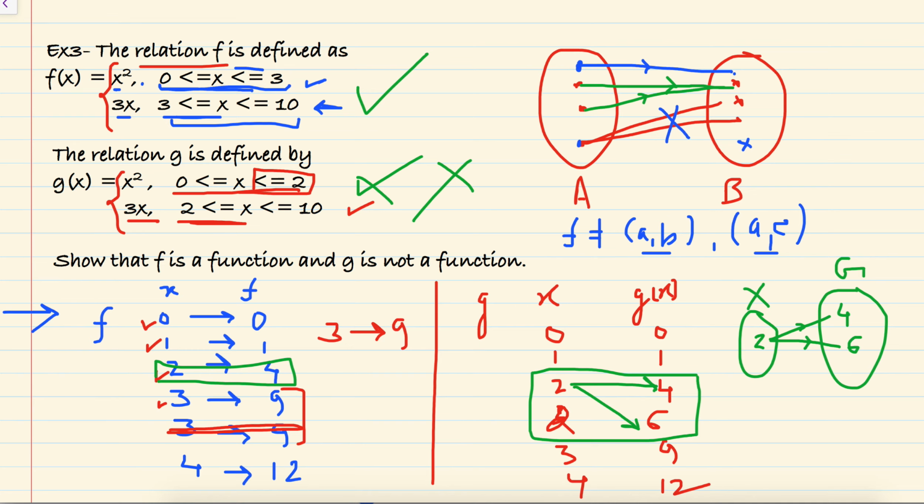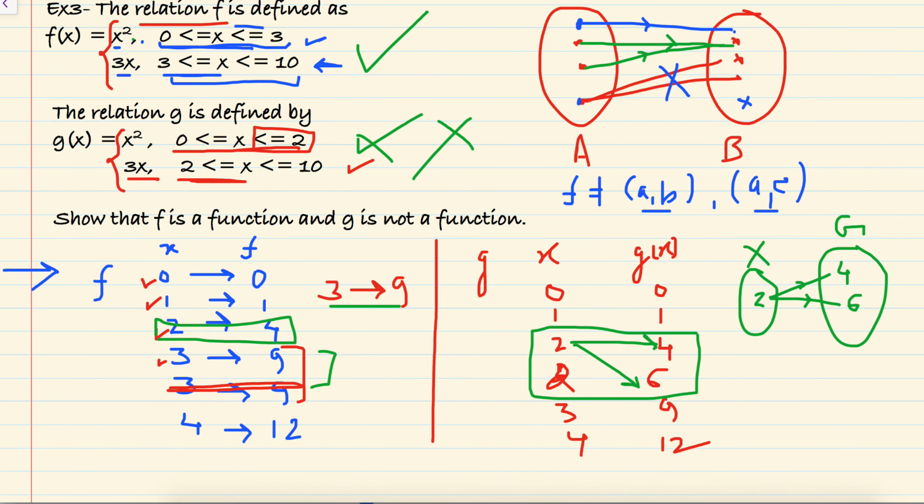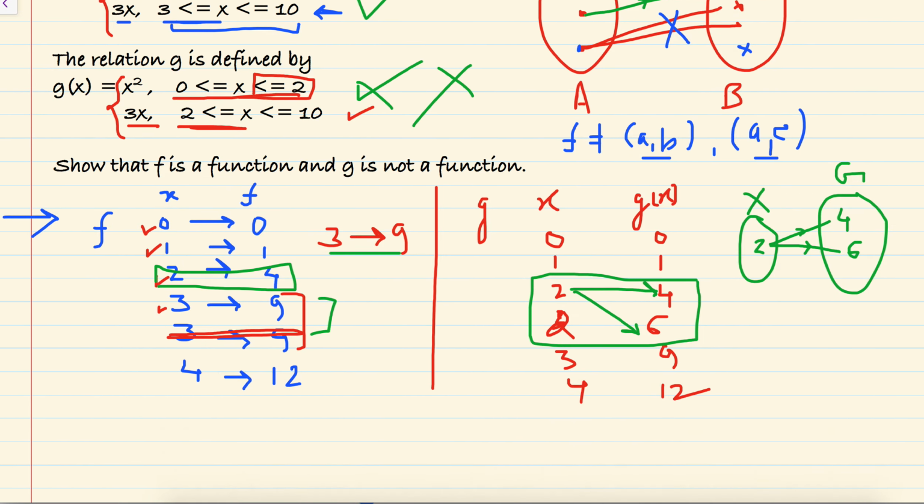2 has 4, 3 has 9. Using both x square and 3x we get 9 only. So 3 had one value. So in this way we can say that g is not a function.